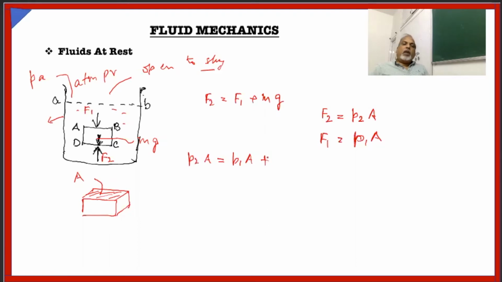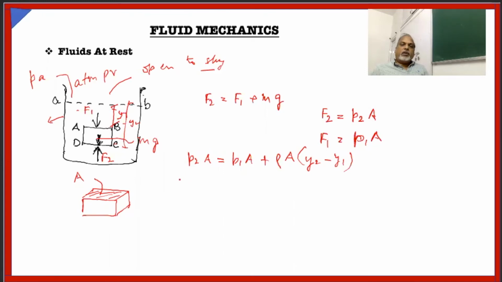plus what will be the mass of this? Mass is nothing but, suppose density is rho, then density into volume, and what will be volume? Its area is A, and if this AB level is suppose Y1 and BC level is suppose Y2, then it will become Y2 minus Y1, correct?